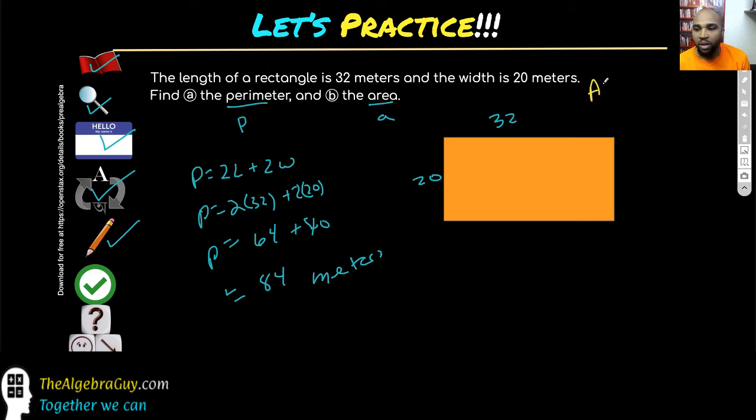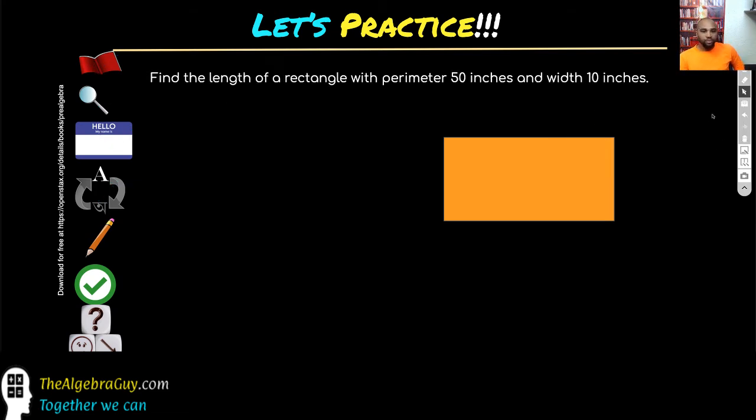So area is equal to length times width, and I know my length, and I know my width. So that should be 640, what's the units? Meters squared. All right, then that's it.